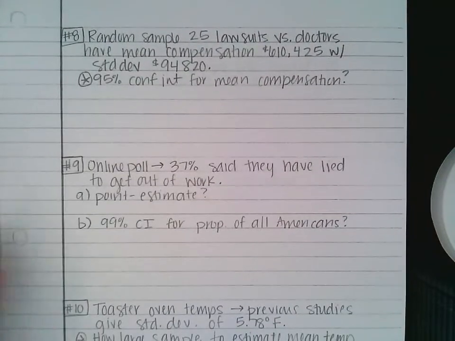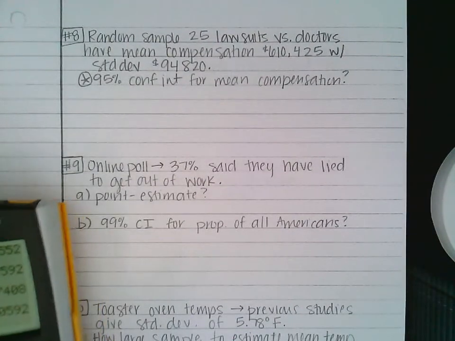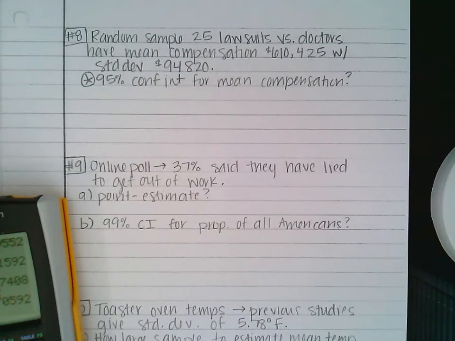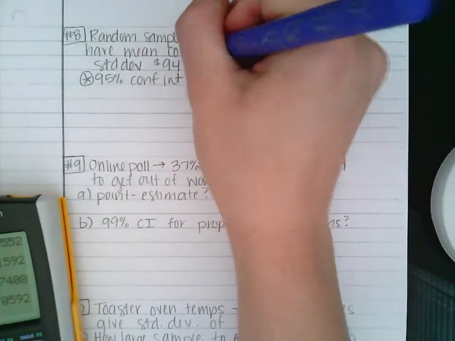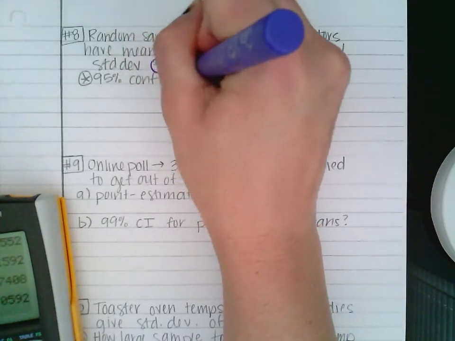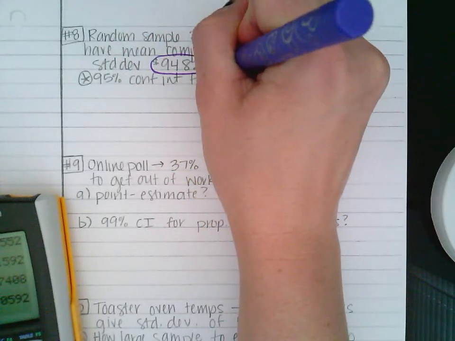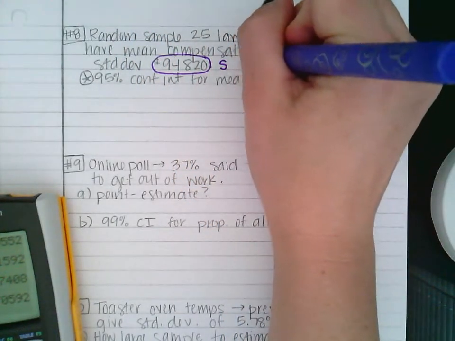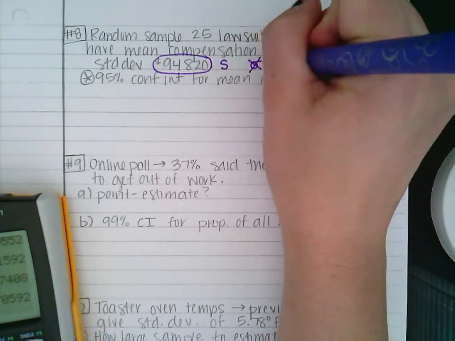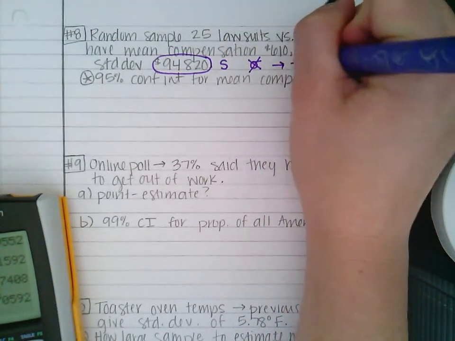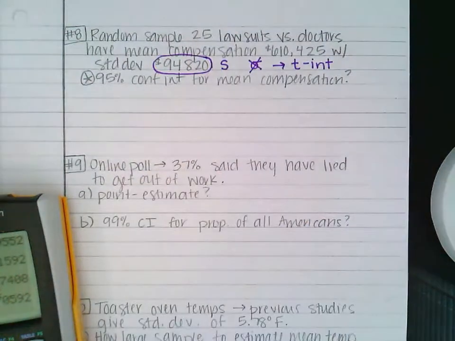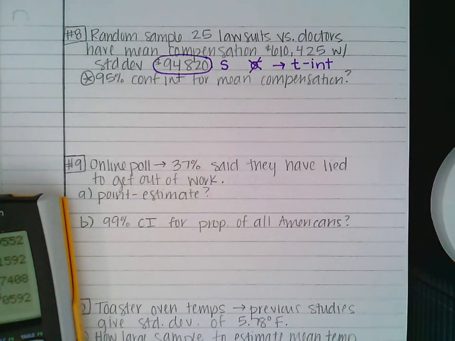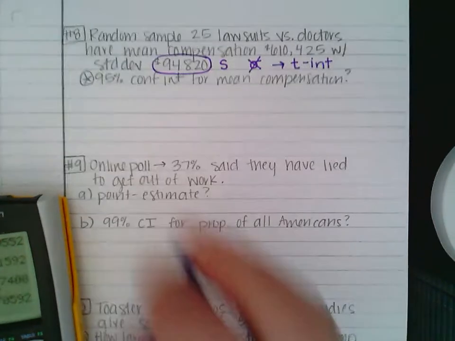All right, random sample of 25 lawsuits versus doctors have a mean compensation. Now, important here, this is the sample standard deviation. I do not know the population standard deviation, so I have to do a t interval. I have to use the t distribution because I know s, not sigma. 95% confidence interval for the mean compensation.